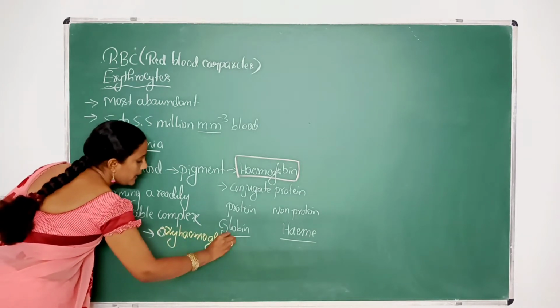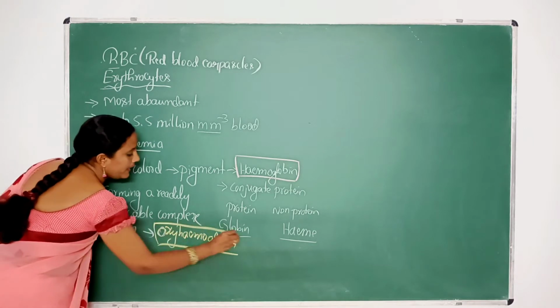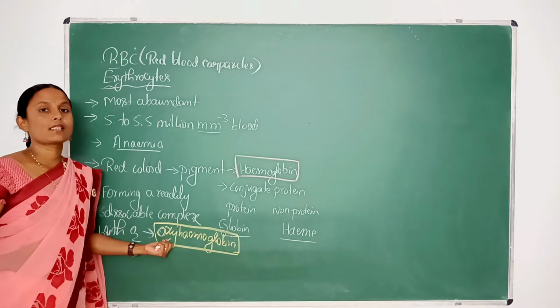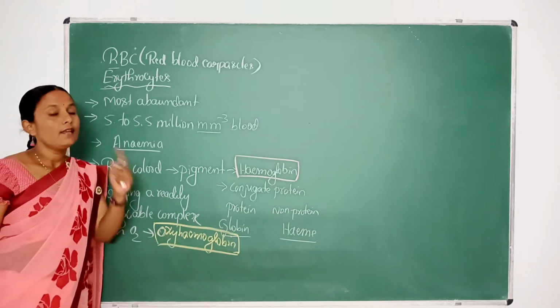That means hemoglobin can react readily with oxygen and form a dissociable complex called oxyhemoglobin.